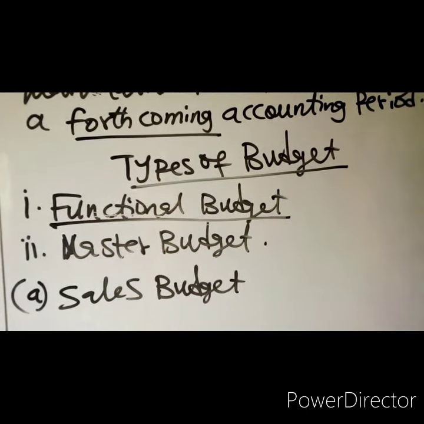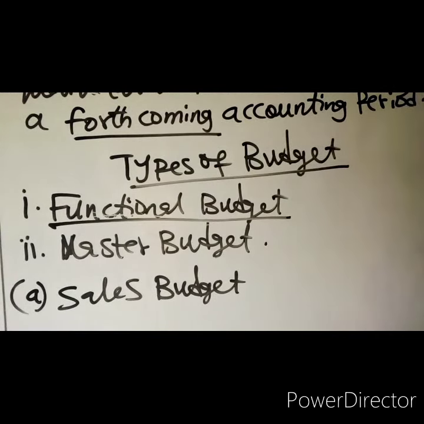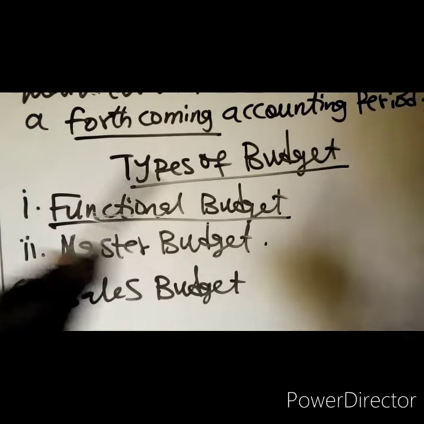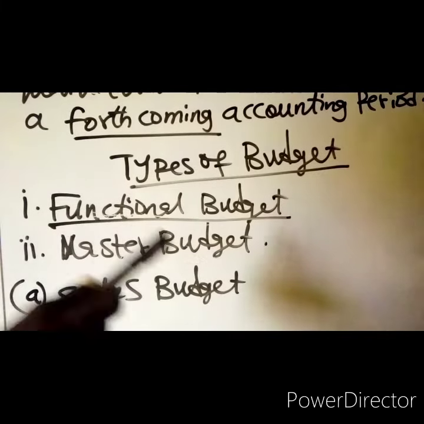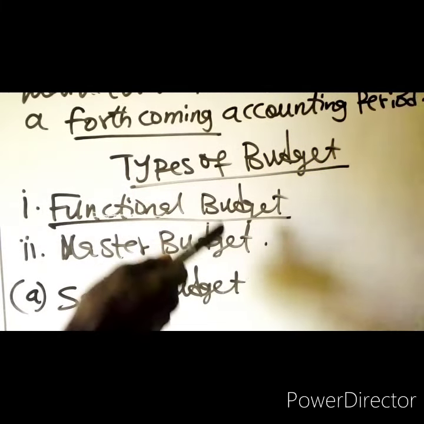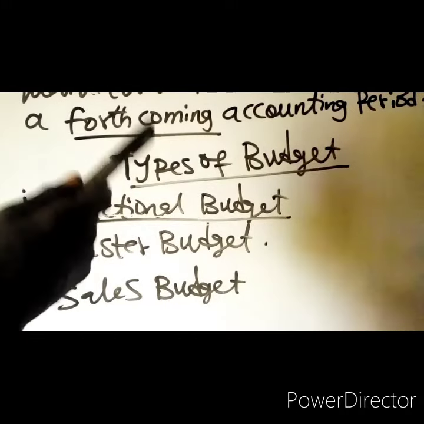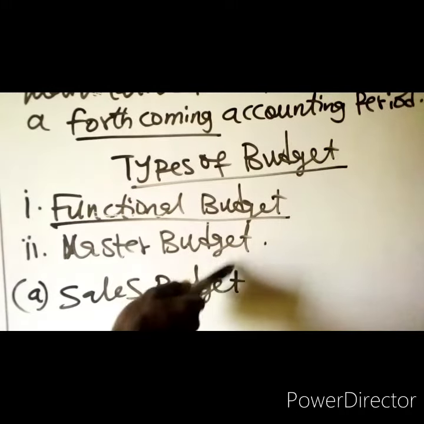A sales budget is a budget that incorporates the decisions about the selling price, expected sales volume, and the budgeted sales revenue for each item of product or services.